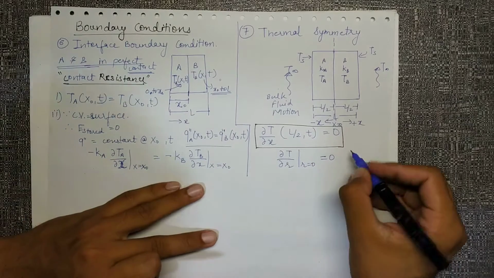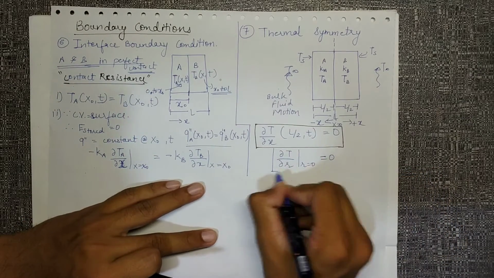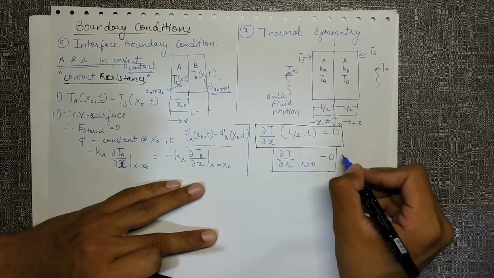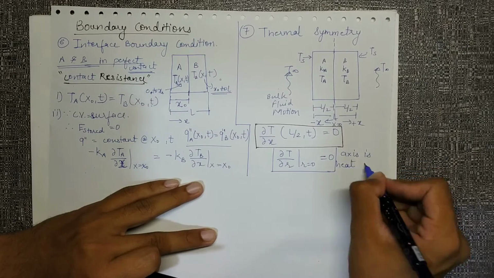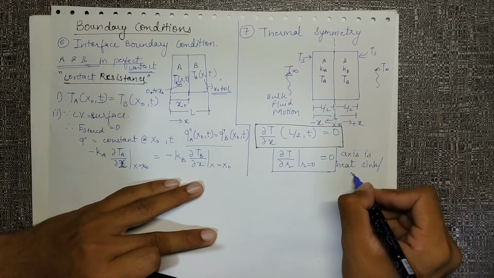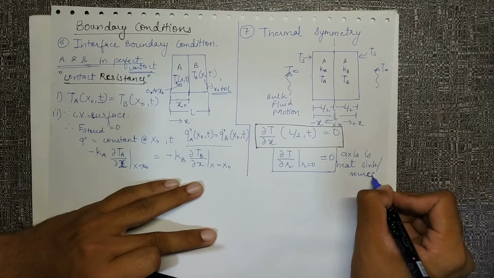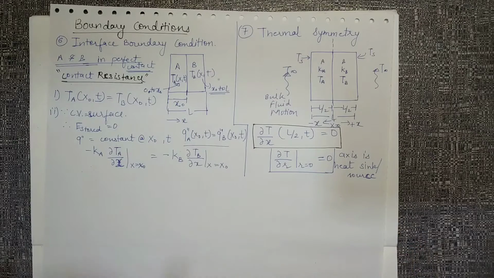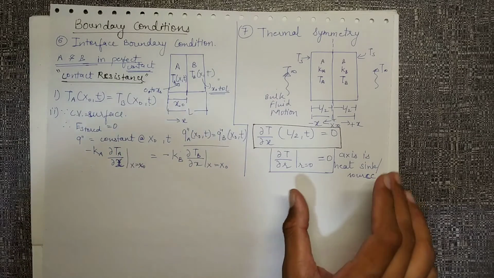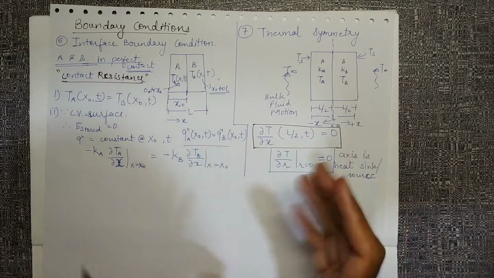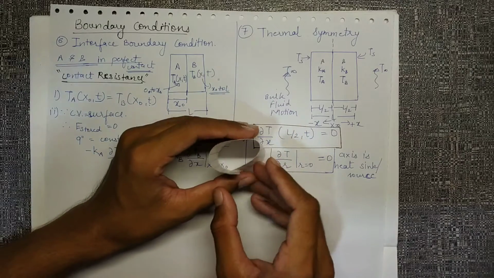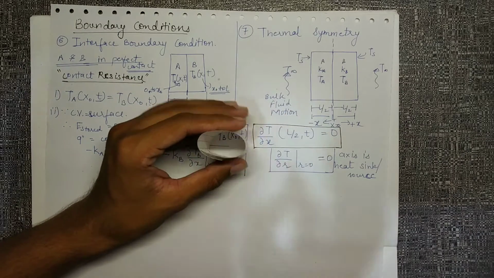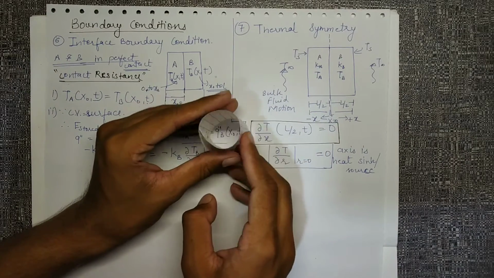What does that mean is, in this case, my cylindrical axis is a heat sink or source. This is a bit complex to understand, but what does this mean? This is a hypothetical situation obviously. If I have a cylinder, the axis of it is either at the maximum temperature or at the minimum temperature.